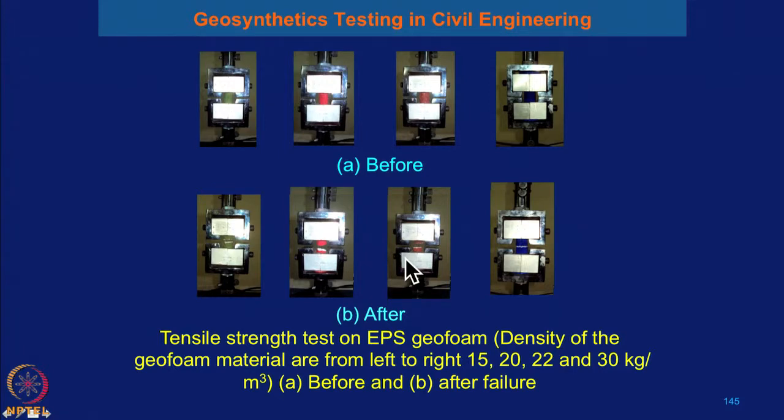Now, we know how to perform the tensile strength test of the EPS geoform material, and what kind of failure occurs, and now how to calculate the tensile strength of the EPS geoform material. Tensile strength is calculated by dividing the breaking load by the original minimum cross section of the specimen.